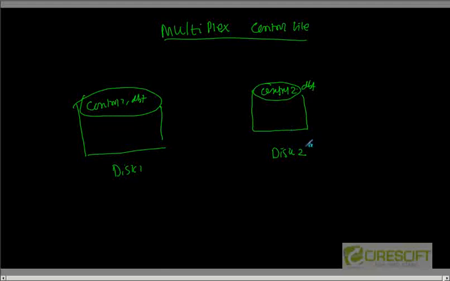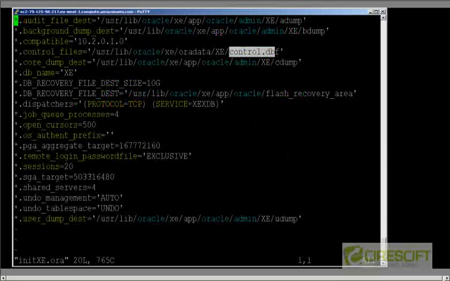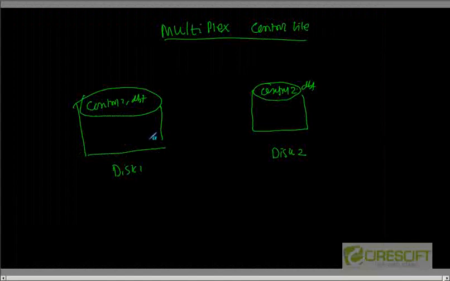A lot of times I have seen production systems put control files in 3 different places. If you want to do that, then in your init.ora parameter, you just give all those locations. By doing so, Oracle is going to write all this information to all 3 control files.